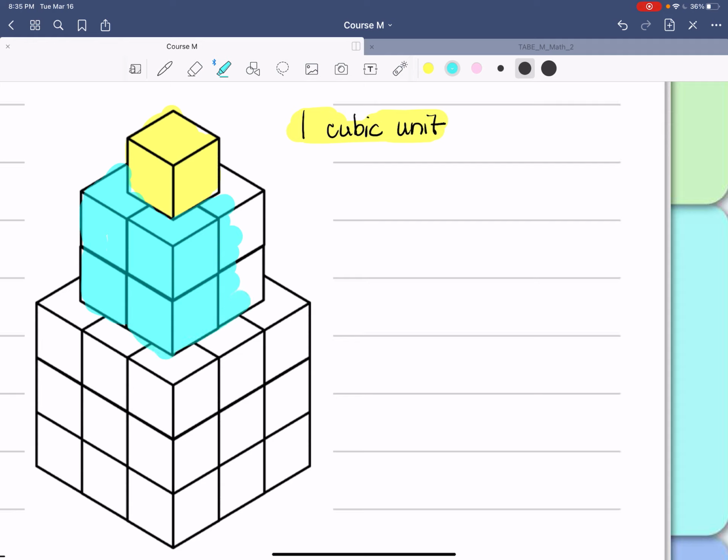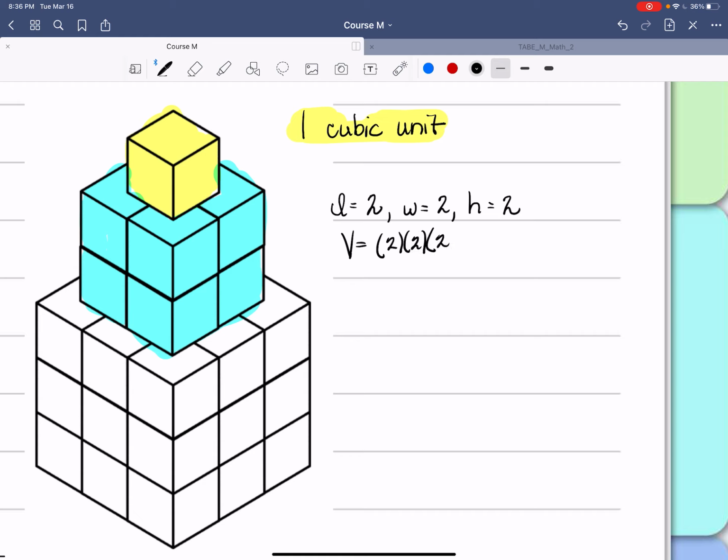Sometimes these composed figures are very, very tricky because you can't always see the things that are underneath or behind. So for this blue one, I have a length of 2, a width of 2, and a height of 2. So the formula is 2 times 2 times 2, which means the volume of this blue piece is 8 cubic units.